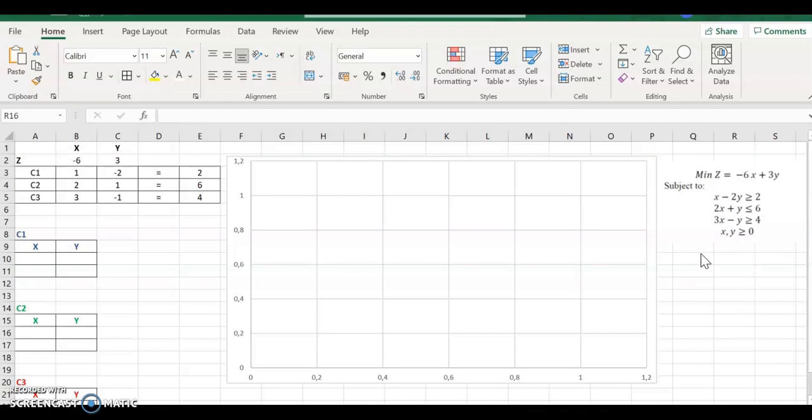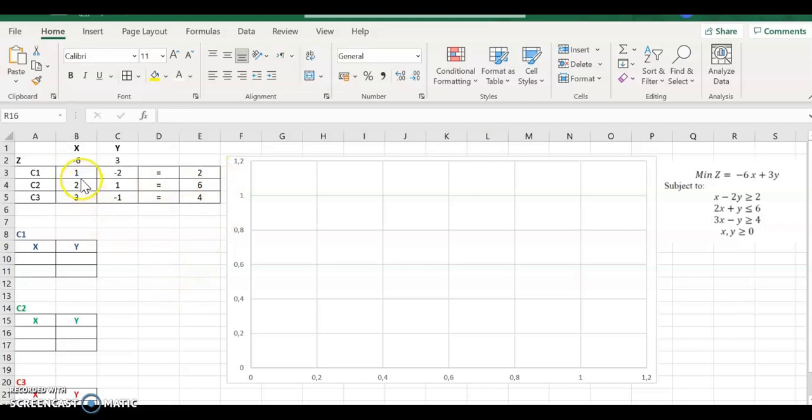The first thing we're going to do is turn these inequations into equations. So instead of x minus 2y greater than or equal to 2, we're going to have x minus 2y equal to 2.